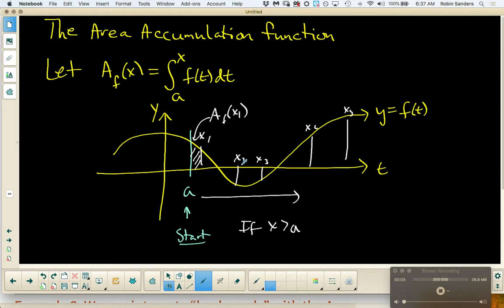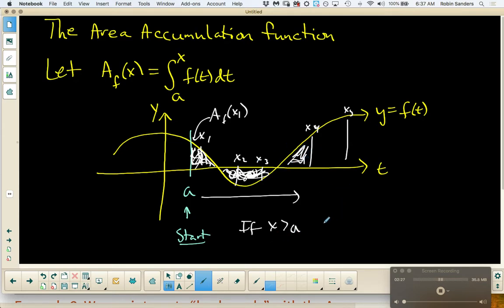Now, when I get out to A of x2, I'm going to have all of this area minus that area. When I get out to x3, it's going to be this area minus all of this area. And when I get out to x4, I'd be looking at positive this area minus this whole area, and then positive this area. And so on and so forth.